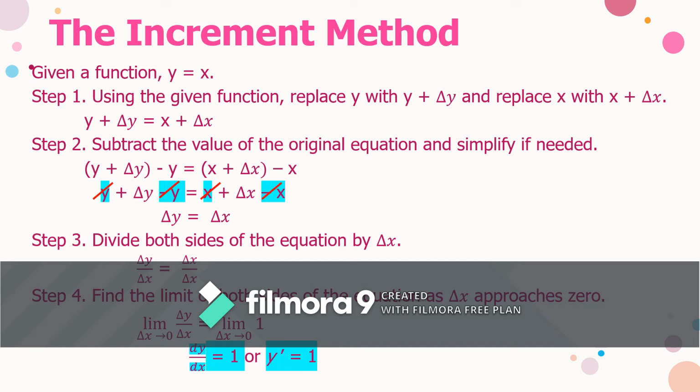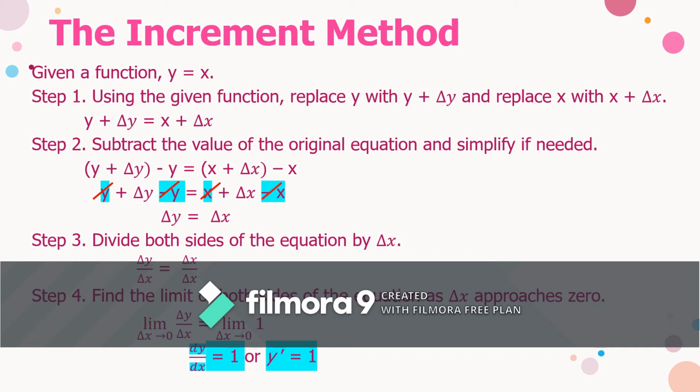And the third step is divide both sides of the equation by delta x. So we have on the left side of the equation delta y over delta x equals, on the right side we have delta x over delta x. The meaning of delta y over delta x on the left side of the equation is the derivative of y with respect to x. So we will use dy over dx.